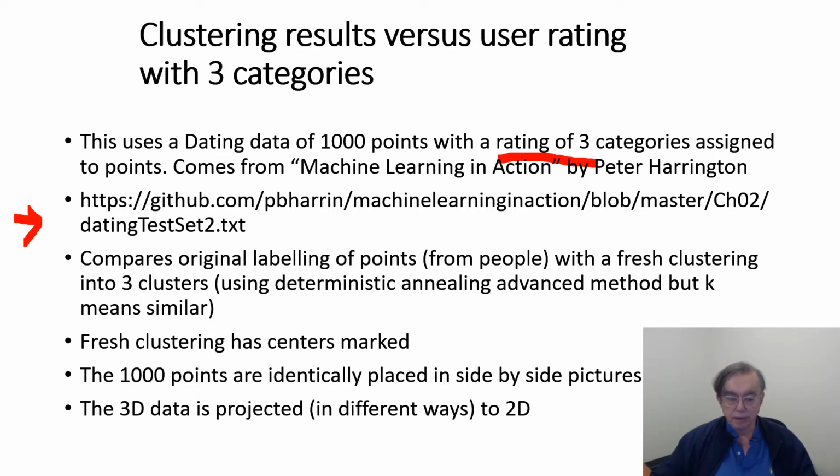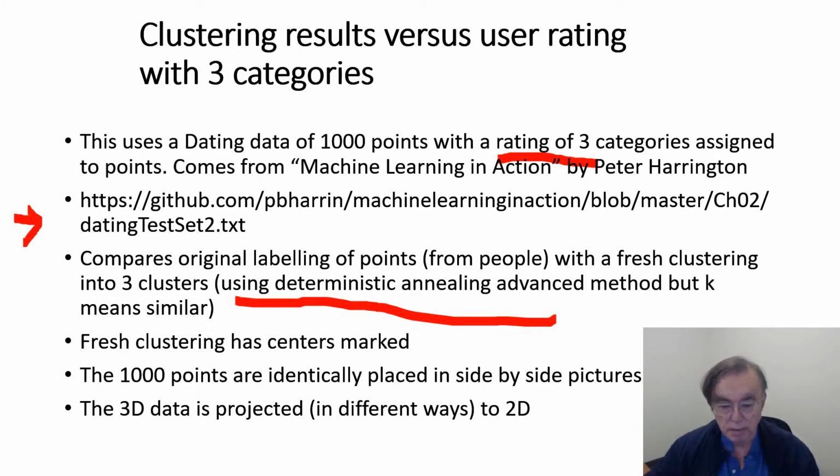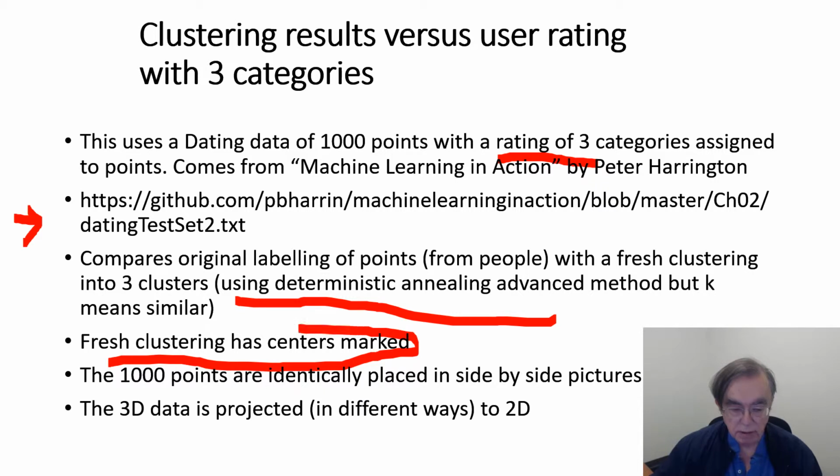And we compare labeling of points from people with new clustering, which uses my favorite advanced method, so-called deterministic annealing. But I don't think for this problem it matters what you use because the clusters aren't very clean. And the new clustering has the centers marked. The old clustering are just labeled by color of points.